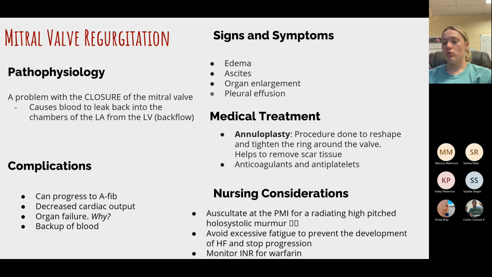We're really going to auscultate the PMI for a radiating high-pitched holosystolic murmur, okay? Our mitrals are a little bit different because the mitral valves are in the middle of the left side of the heart. When we're talking about anything aortic, well, what happens at the physical site of the aorta? It sends blood out to the body.